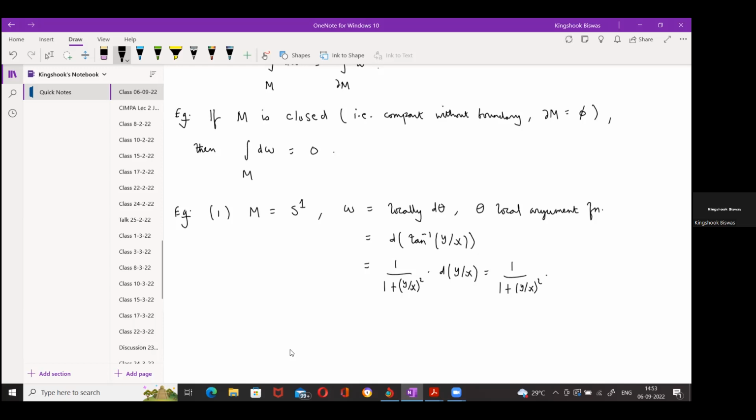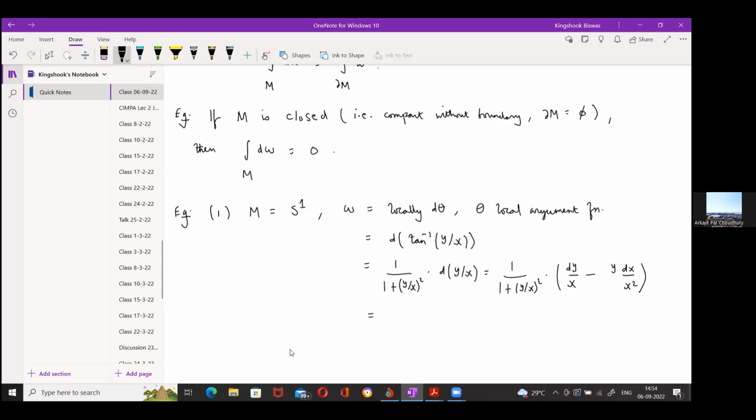So it's dy by x plus y into d of 1 over x, which is minus 1 over x squared dx. So this will be minus y dx over x squared, right?